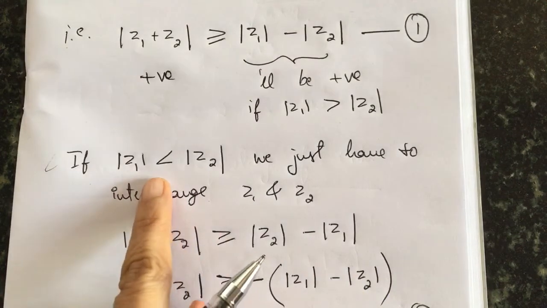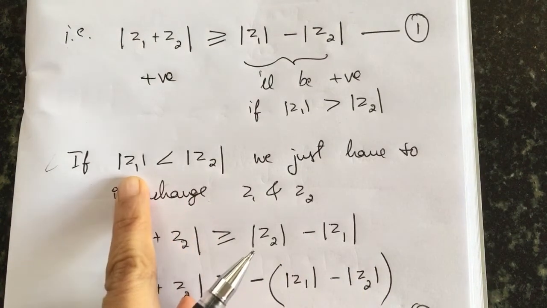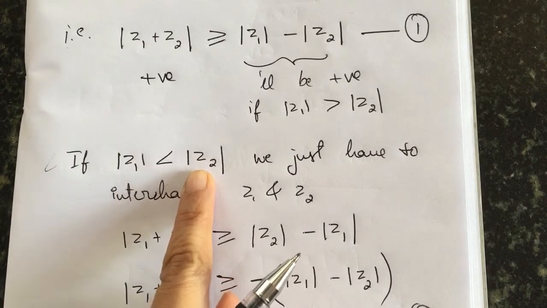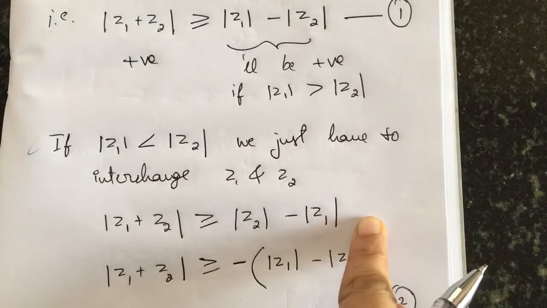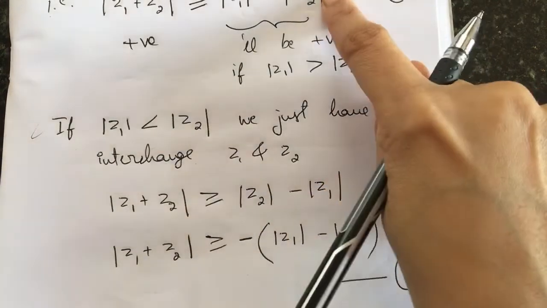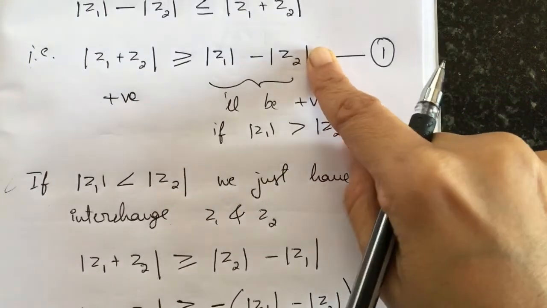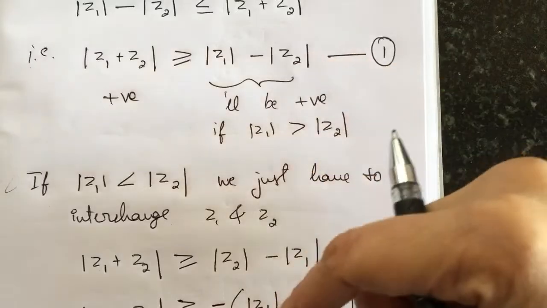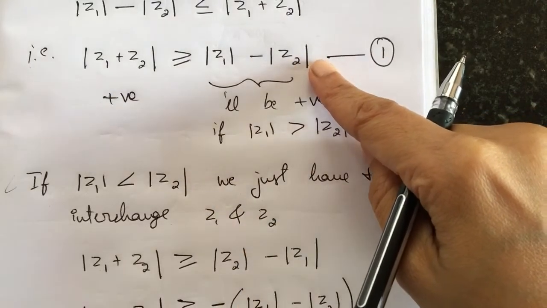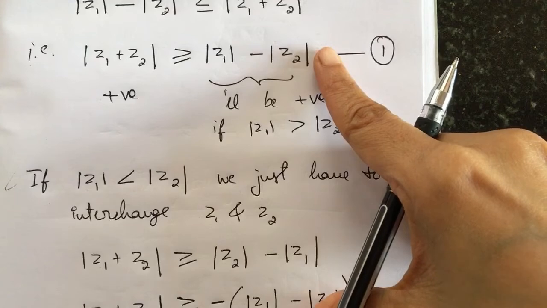See, if mod z1 is less than mod z2, then I have to write it like this. That is same as writing negative of this. So there are two options, either the negative value or the positive value, right? So that means it's a modulus value.